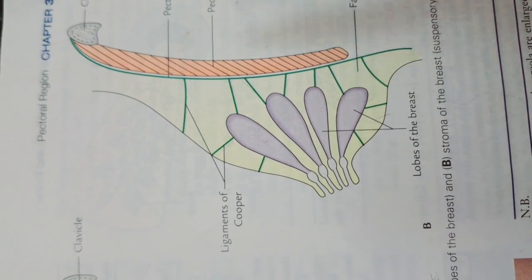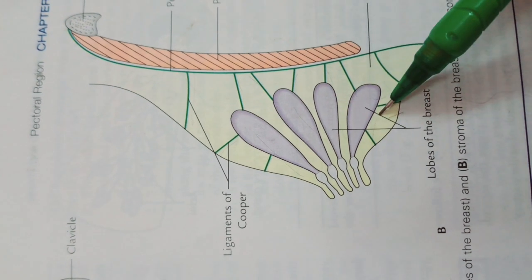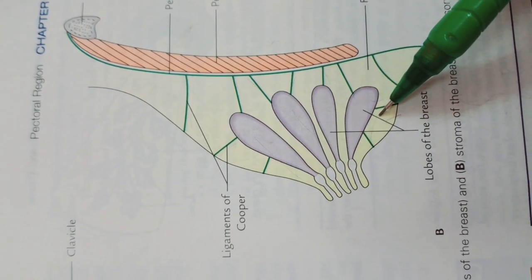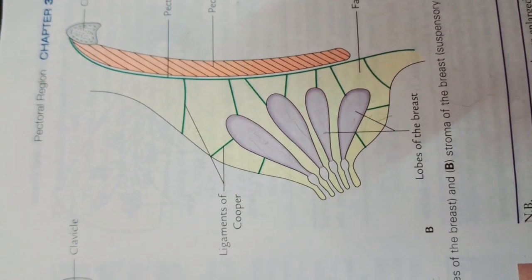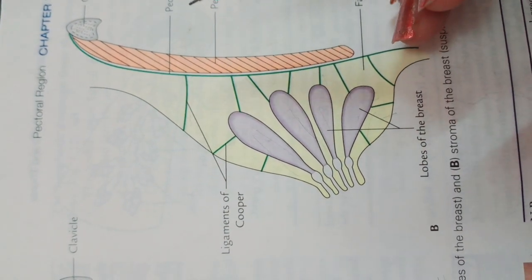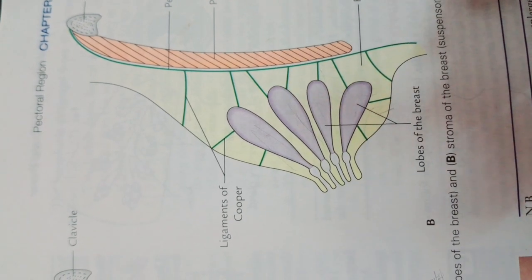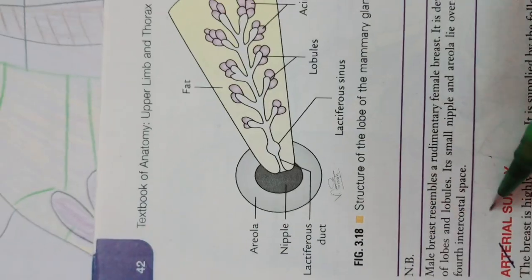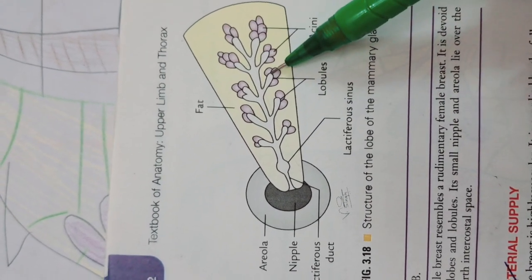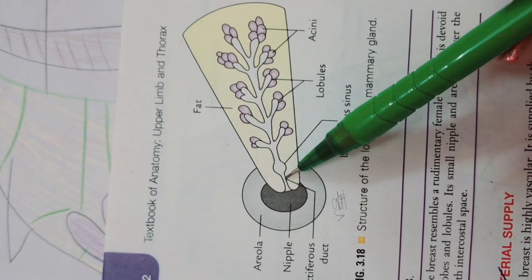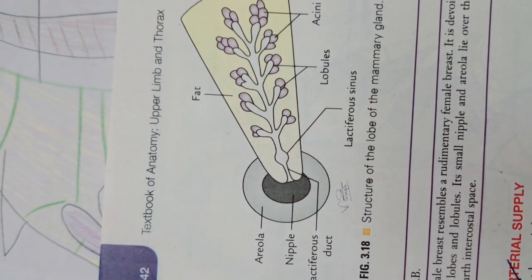Now let us see the parenchyma. Parenchyma consists of 15 to 20 lobes arranged in a radial fashion. Each lobe consists of lobules and lactiferous duct and lactiferous sinus.